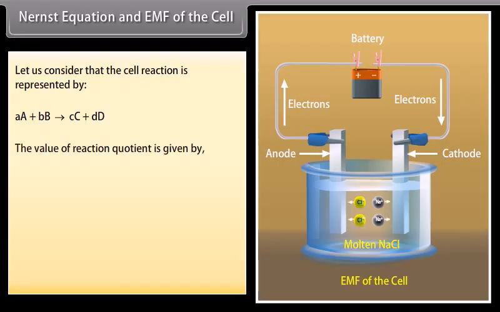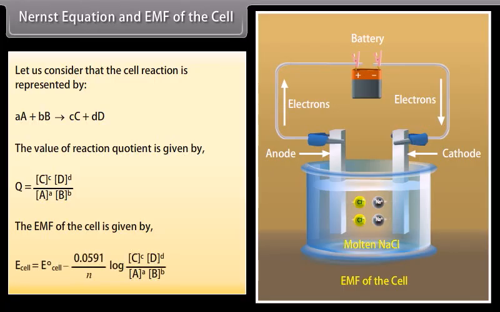The value of reaction quotient is given by Q = [C]^c [D]^d / [A]^a [B]^b. The EMF of the cell is given by E°_cell - (0.0591/n) log [C]^c [D]^d / [A]^a [B]^b.